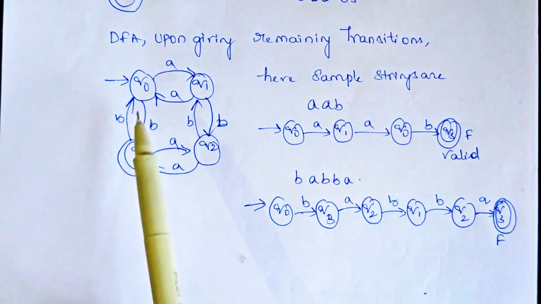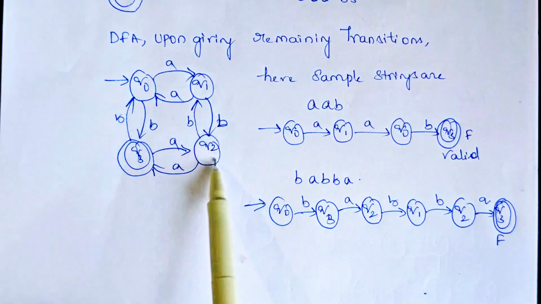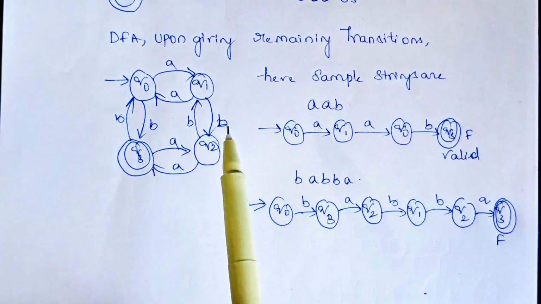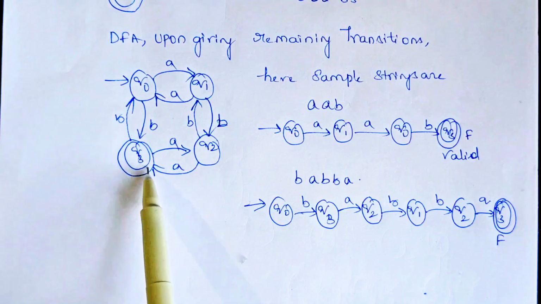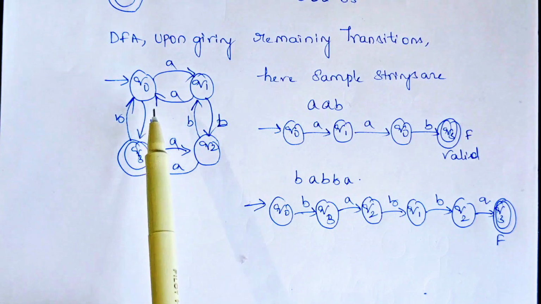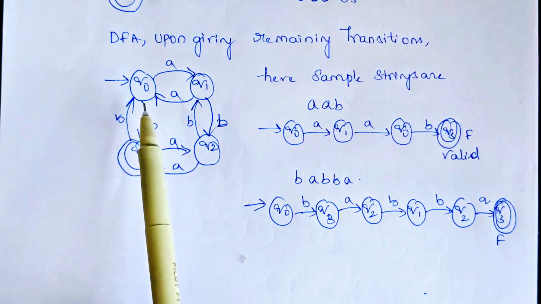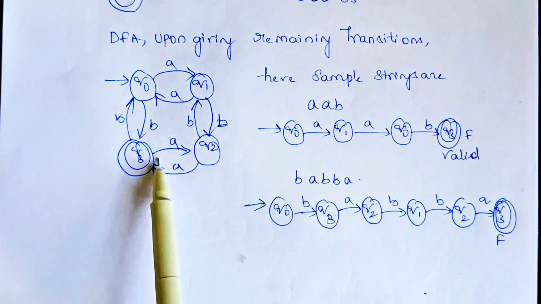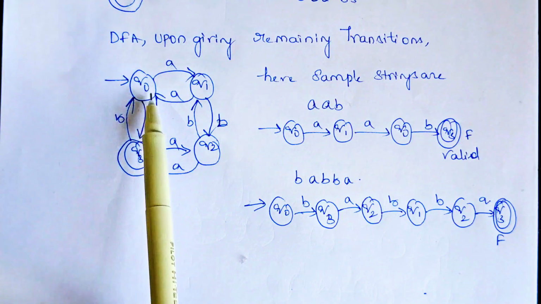If you observe here, the states have the same input transitions for each combination, either even A's and odd B's or odd A's and even B's. But the thing is that the final state changes. In the earlier problem, Q0 is becoming final because in that combination we have processed even A's and even B's: odd A, odd B, even A, even B. So Q0 is made final for an even number of A's and an even number of B's.